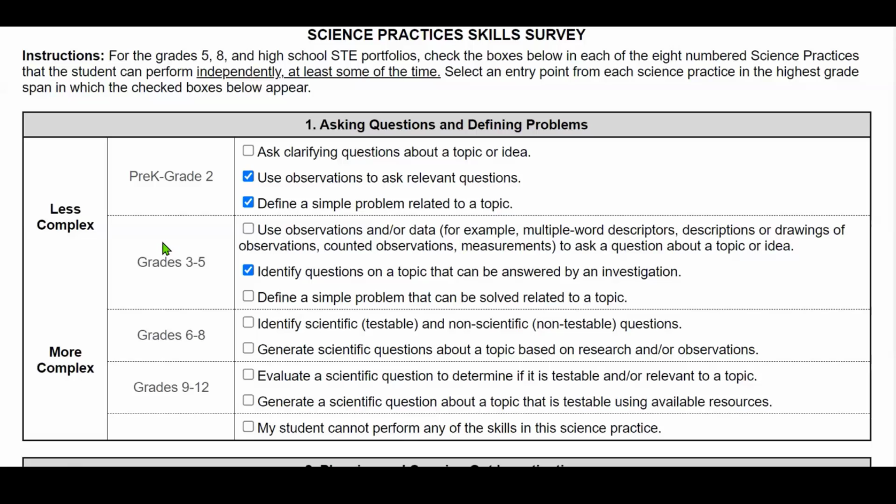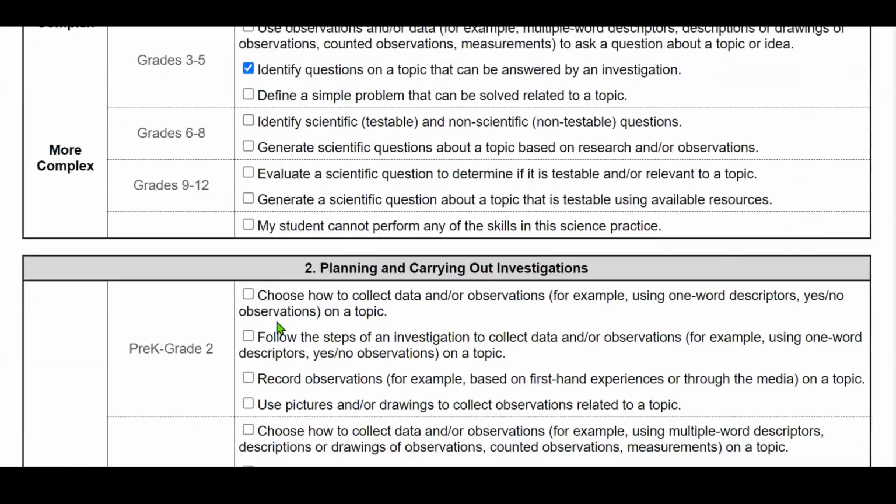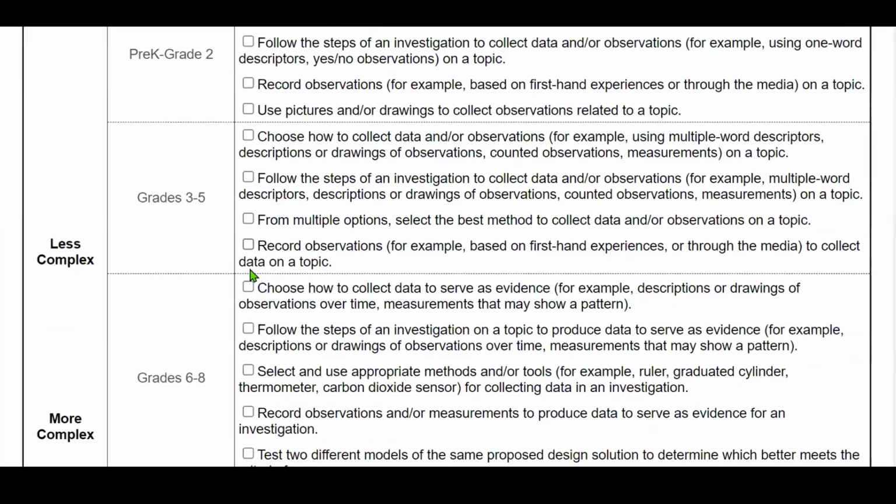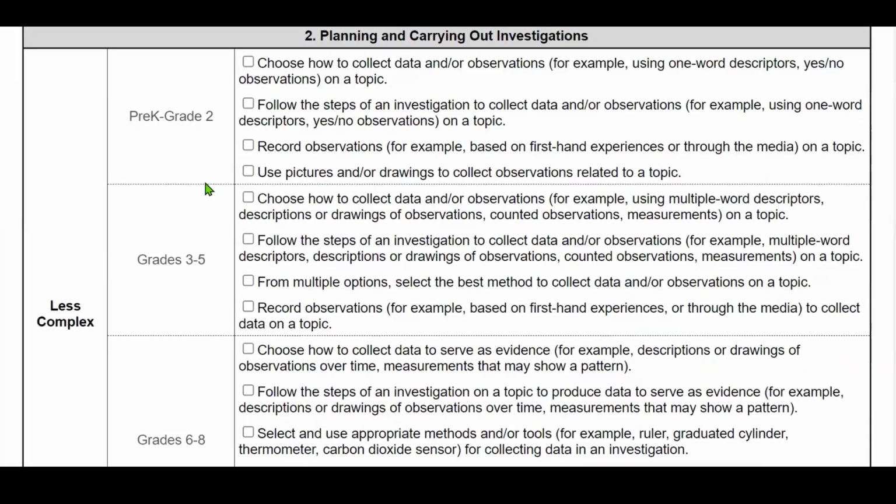The key is each one of the 8 practices has to have at least one box checked off. So somewhere between pre-K and high school, one of these needs to be checked off. You might be asking, what if I have a student who just cannot do any of them? These are all too high. Even the lowest at pre-K is just something that's beyond the capabilities of your student, which you might find with access skills.